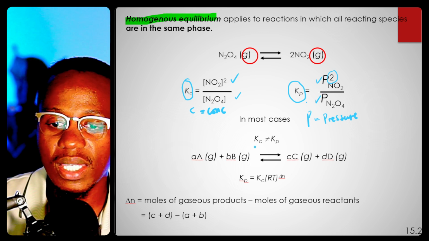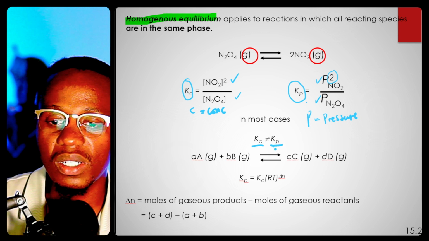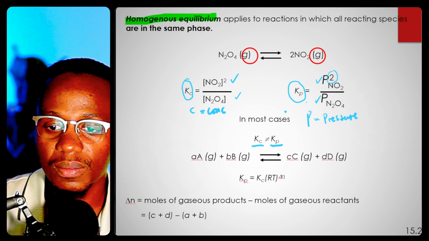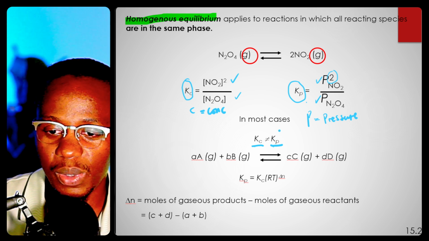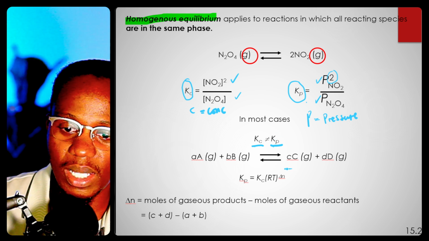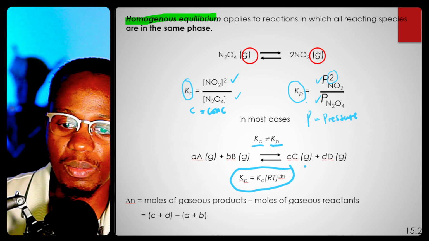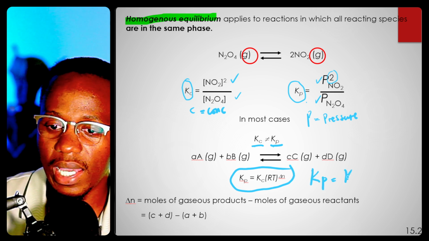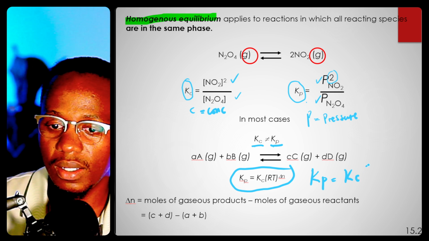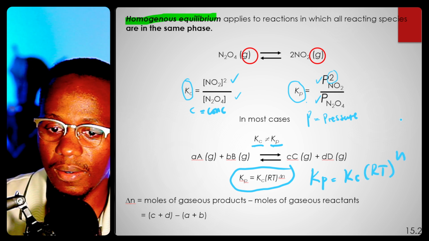So in most cases, K of concentration is going to be different from K of pressure. And how do we reconcile that? By this formula, right? This is an important formula right here, which is Kp is equal to Kc times RT to the n, right?